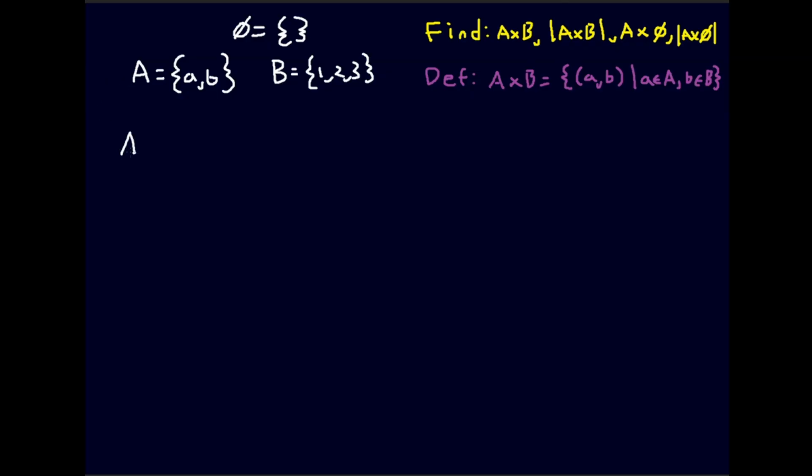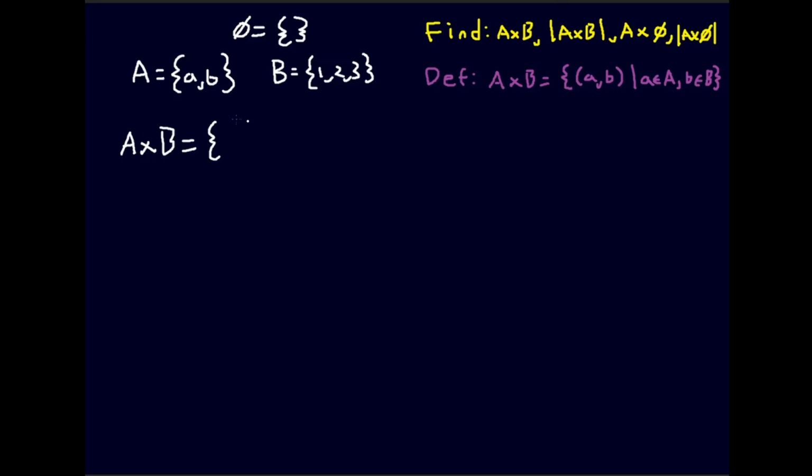So we're being asked to find the Cartesian product. I keep saying cross product. The Cartesian product of A and B. And again, it's the exact same process as before. We're going to be finding ordered pairs, taking the first element with each of the others, and then the second element with each of the others.